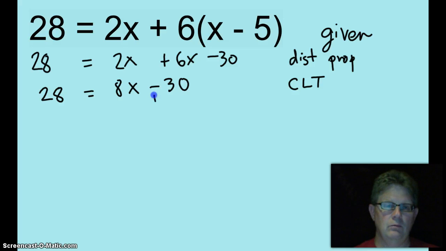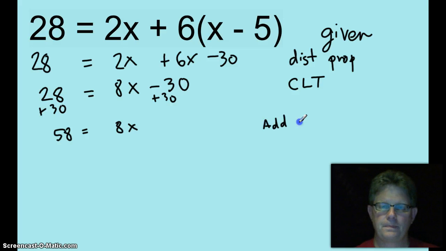Okay, next step in solving this equation, you would add 30 to both sides. 58 equals 8x. What allows us to add to both sides? The addition property of equality.